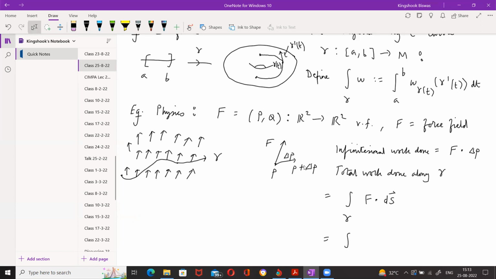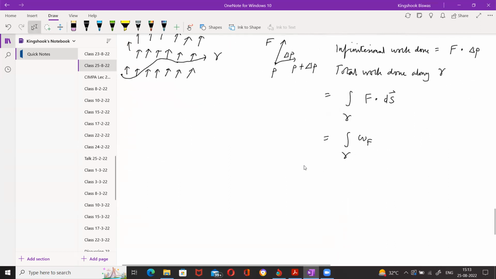This is actually the integral of a one form, omega sub F, over gamma, okay, where omega sub F is a one form associated to the vector field F. So let me just call this omega sub F equal to omega. This is a one form on R2. Okay.